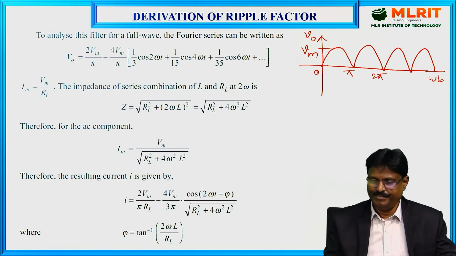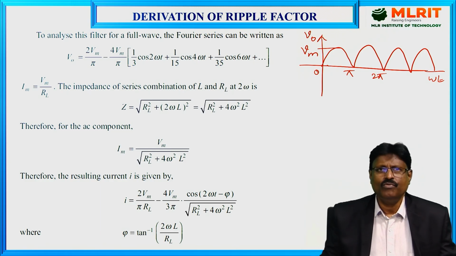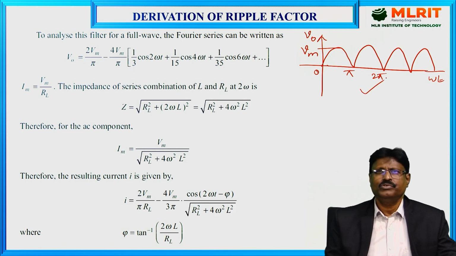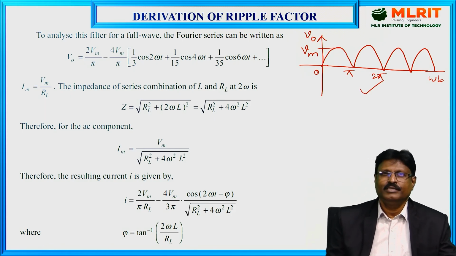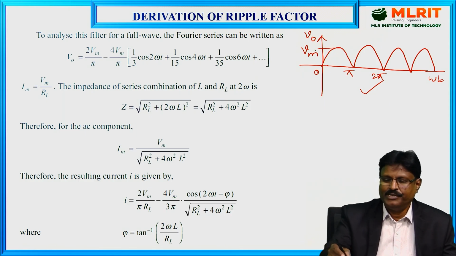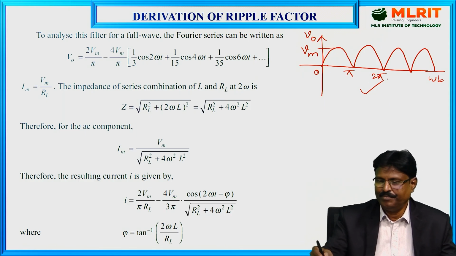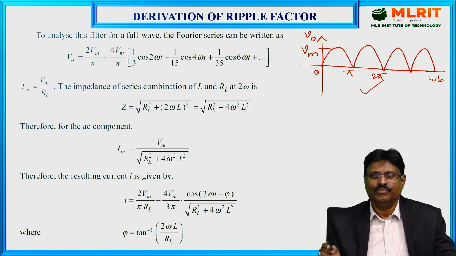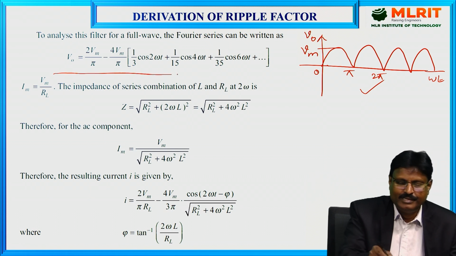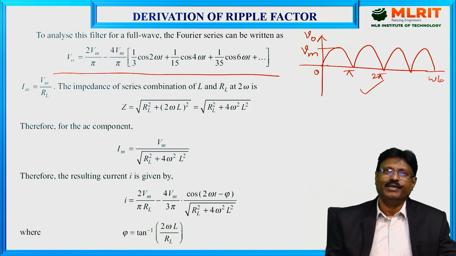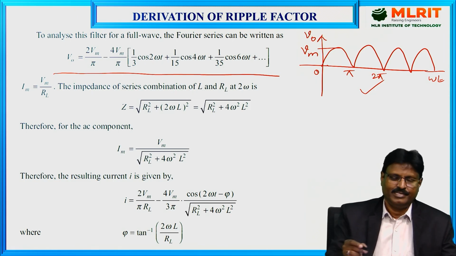Now for the Fourier series representation of this full wave rectified wave, from 0 to pi the magnitude is Vm, and from pi to 2 pi once again it is Vm. If you go for the calculation of the Fourier series, you get this equation. If you write this full wave rectified output wave using the Fourier series, the equation will be like this.